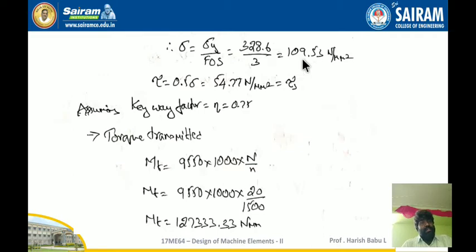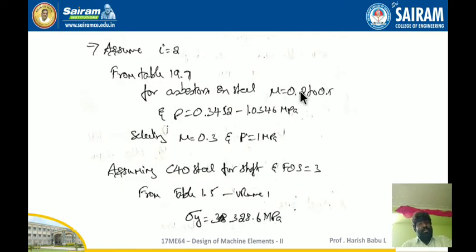I am going to get 109.53 Newton per mm square. For calculating the shear stress, it will be 0.5 of the stress, that is 0.5 into sigma. I am going to get 54.77 Newton per mm square. That will be the shear stress, tau s. So I am going to assume the QA factor as 0.75. These are the values I am going to assume in case D2 is not given, or ratio also not given in the particular problem.